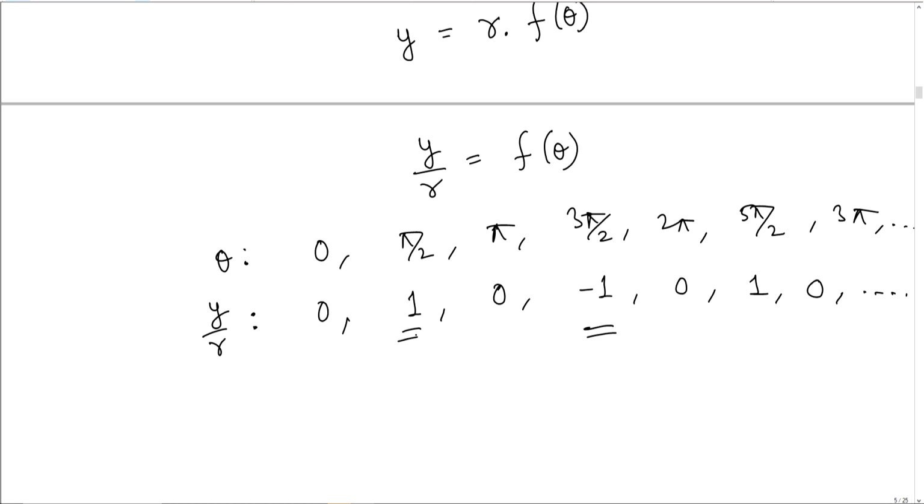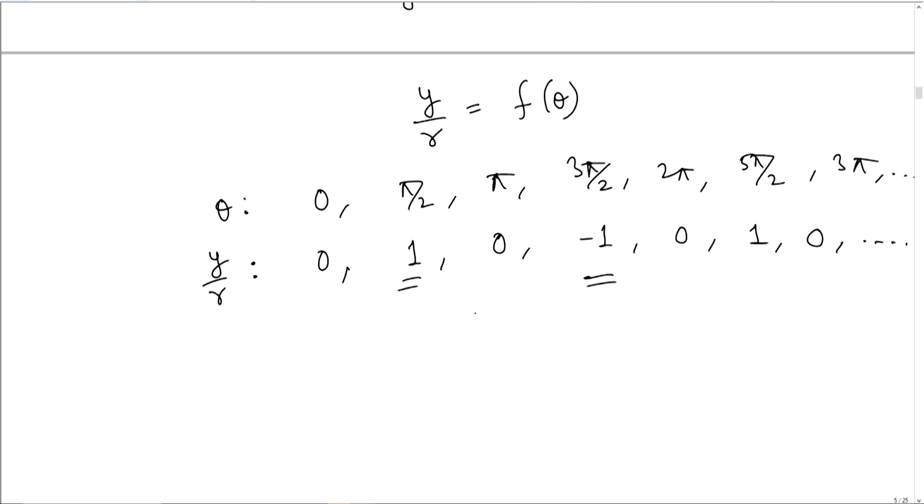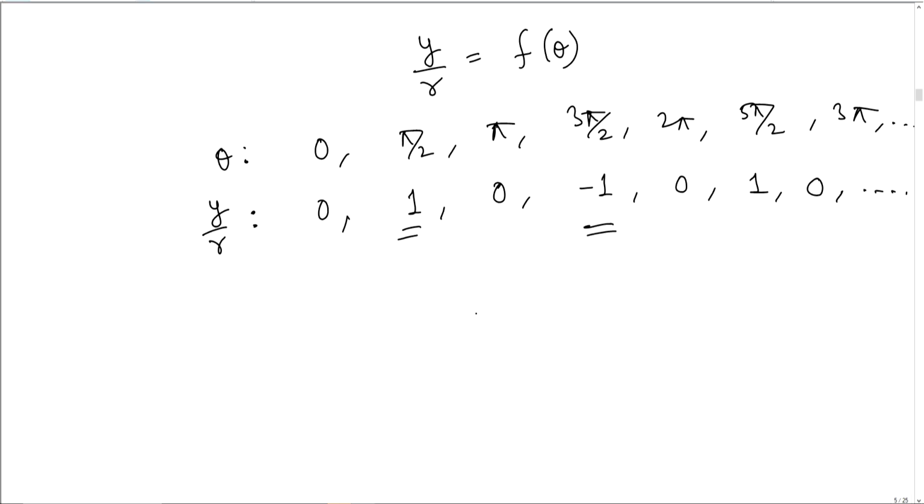Now, this is a much better function because now y is not a function of r. Rather, we have written it in the form of y by r is a function of theta, such that this function can take values between minus 1 and plus 1. And theta can take any value, basically in radians. So, theta has no constraint. Good.